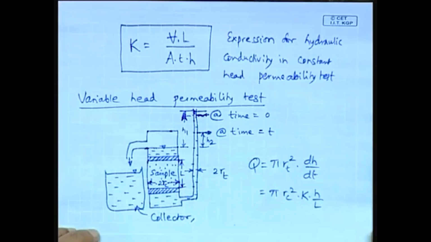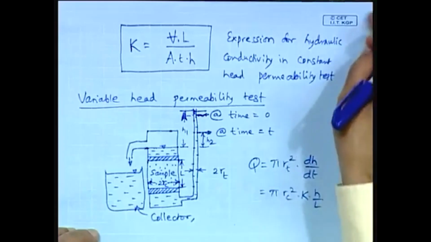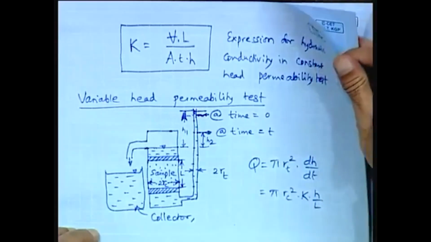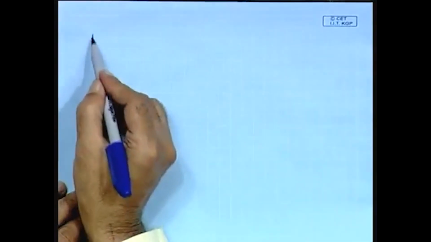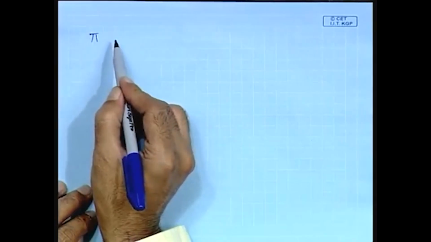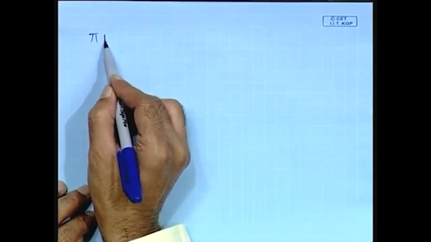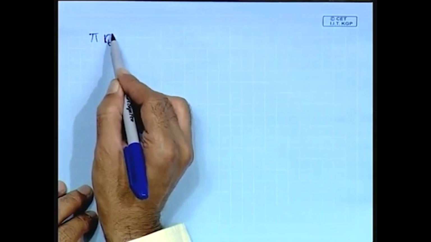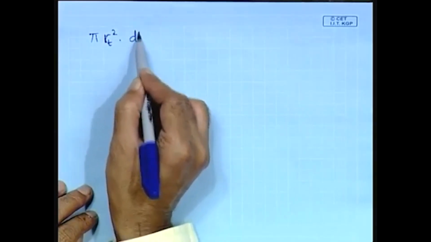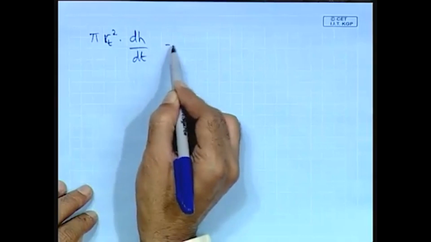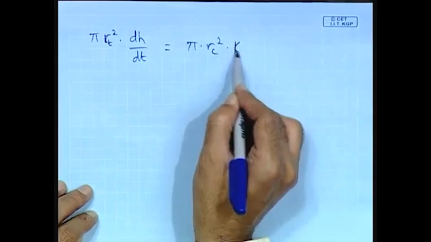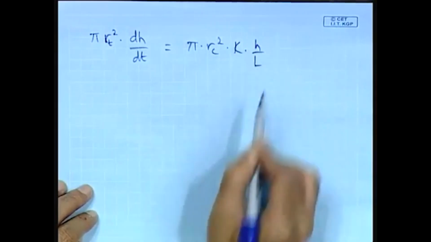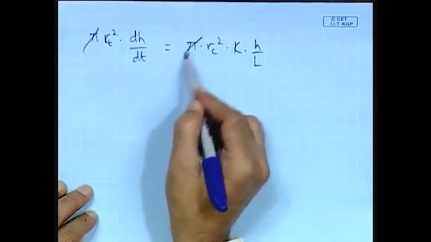So, now if we equate these two expressions and integrate, pi into RT square dH by dt is equal to pi into RC square into K into H by L. So, let us simplify this one.